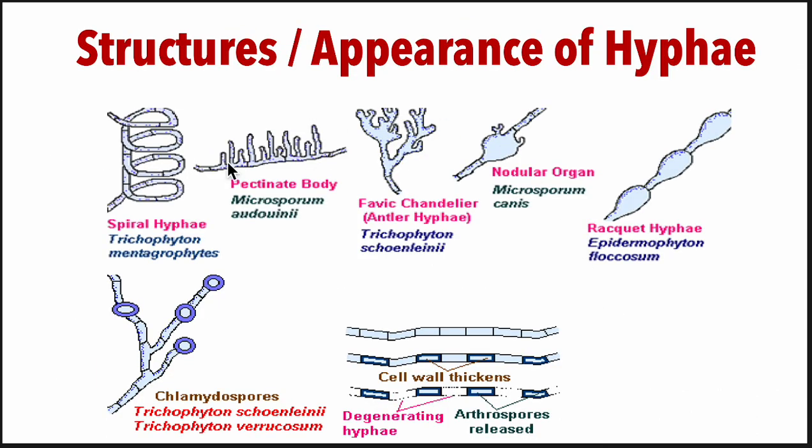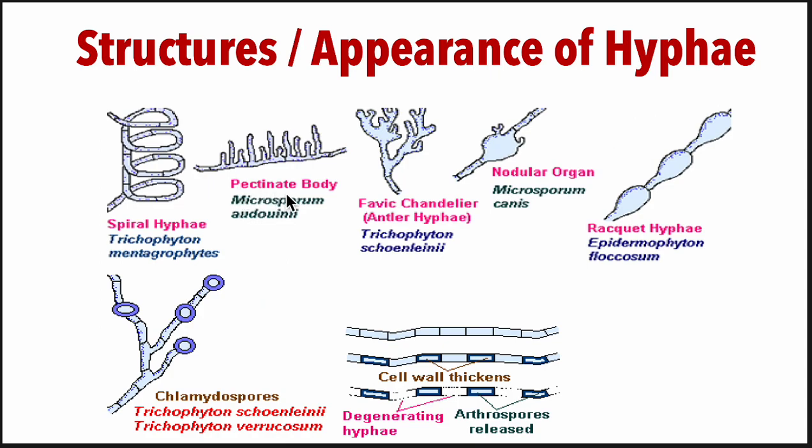This is again the illustration of the different structures or appearances of the hyphae. The spiral hyphae here are spirally coiled, and they are commonly observed in Trichophyton mentagrophytes. How about this one? I did not mention this earlier.